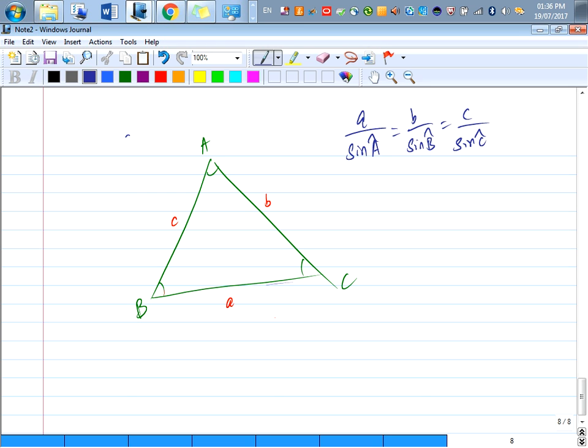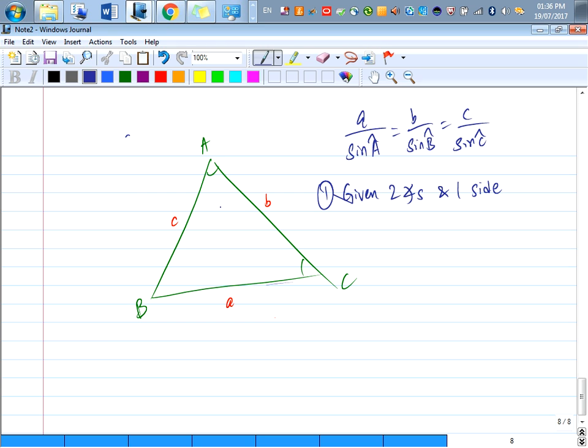There are two options. First option is when you are given two angles and one side. Now, I have a question. When we are given two angles, what else can we find out?